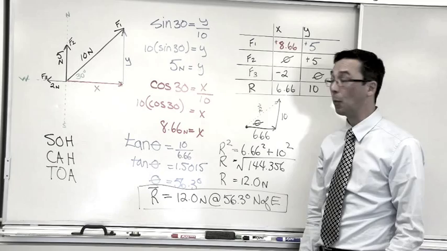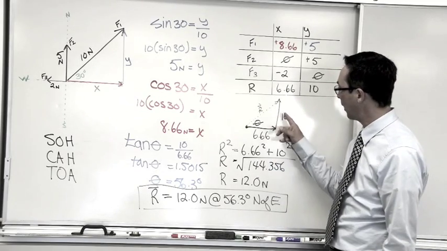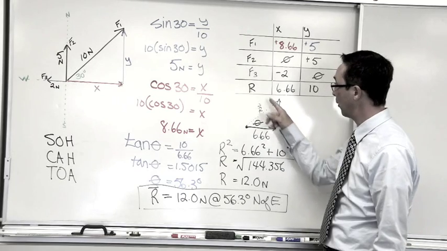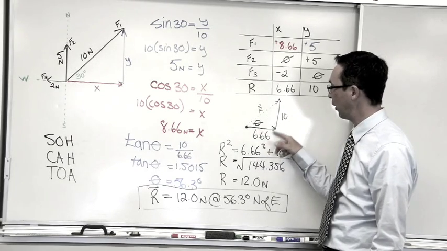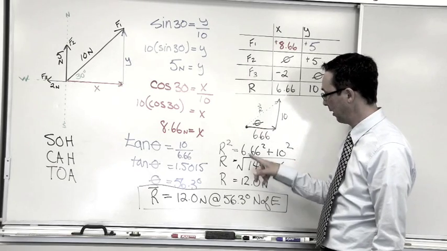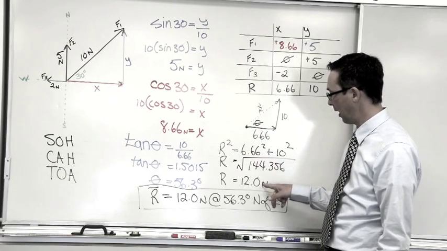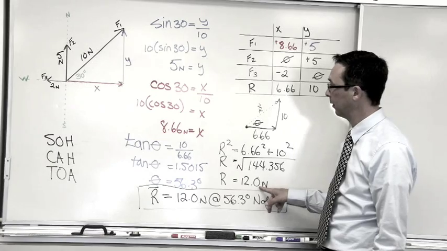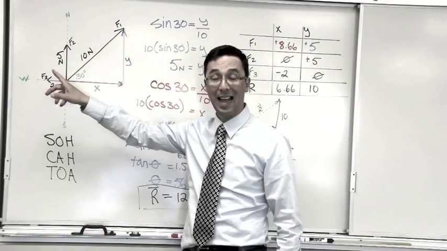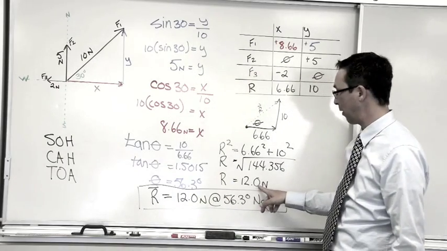You see I've done some work now. I've taken my components of 10 in the y and 6.66 in the x of my resultant, and I've used the Pythagorean theorem for this right triangle and calculated that resultant. I've gotten 12. So the resultant of these three vectors, when added together, is 12 newtons.